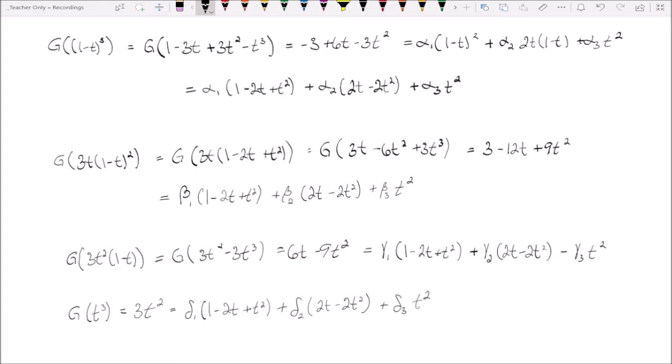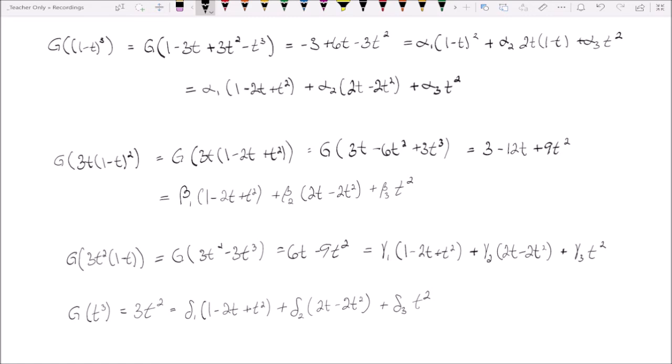And up here, I don't know why I wrote minus gamma 3. That should have been plus gamma 3 t squared. So let's fix that. And so we now have our 4 transformed vectors from the basis S.